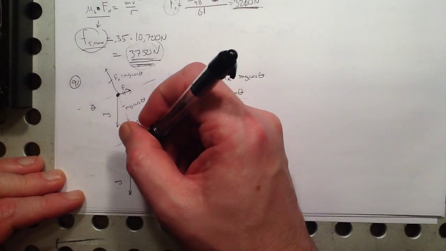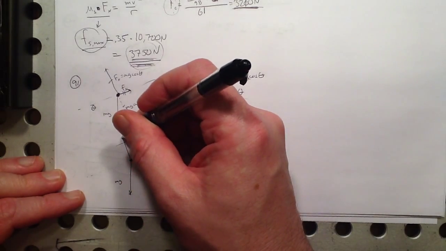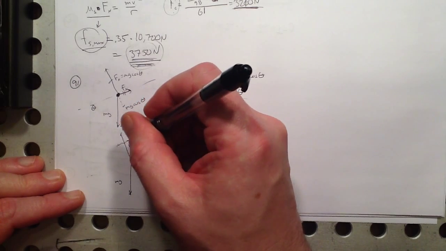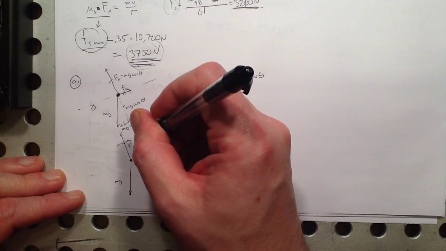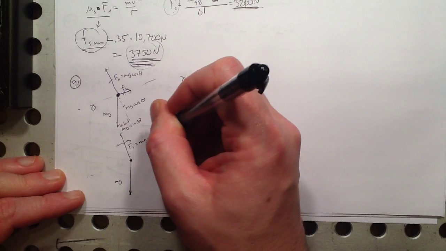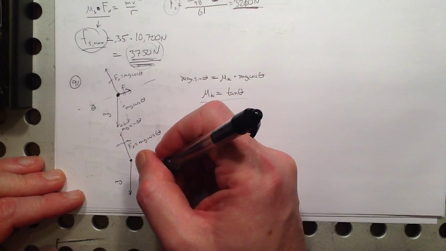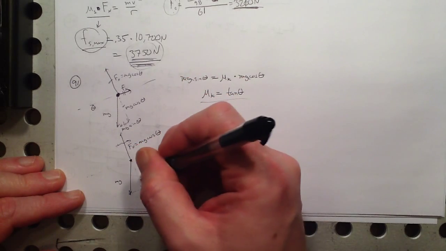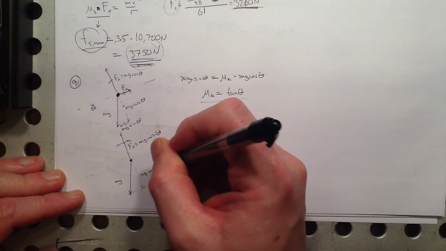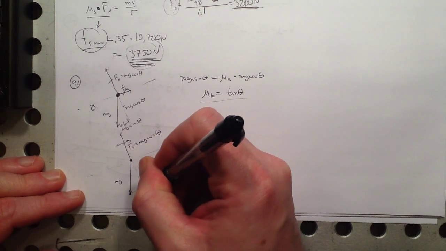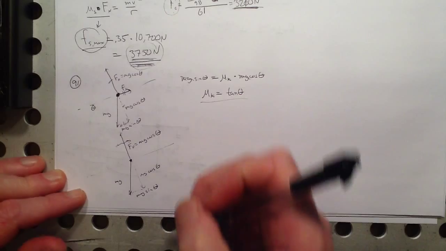The normal force, mg cosine theta, is still the same, and so are mg cosine theta and mg sine theta, like they are in every single problem.